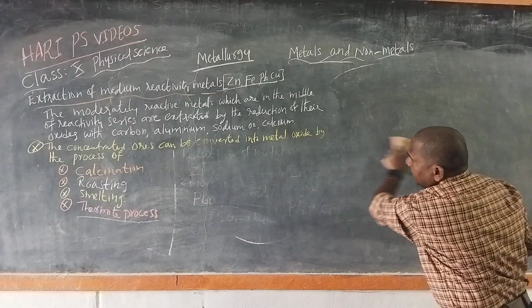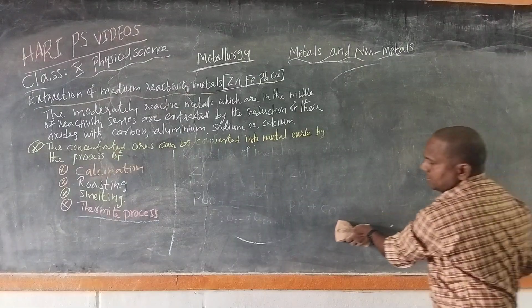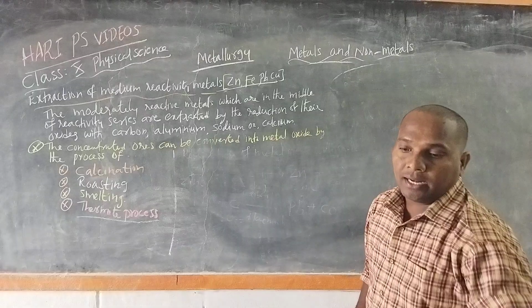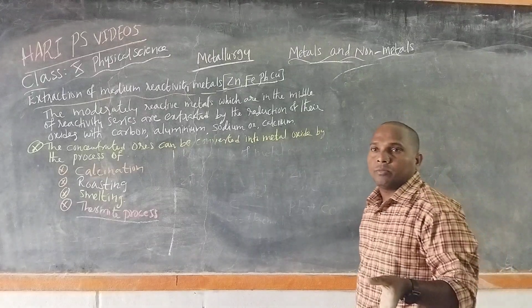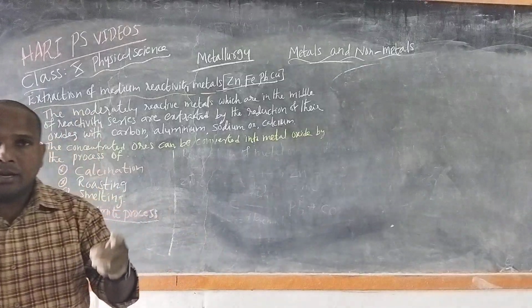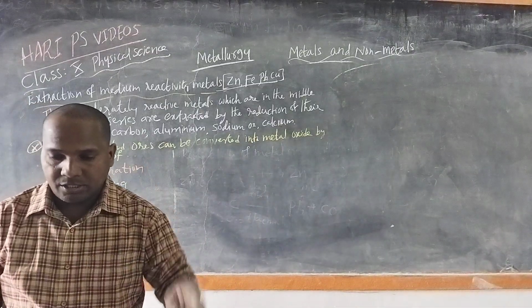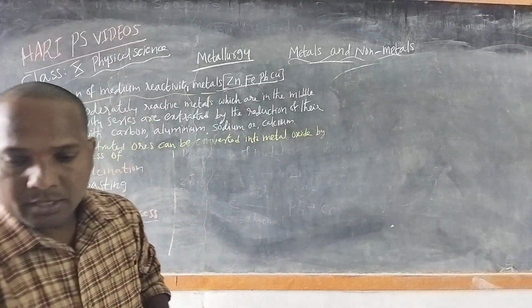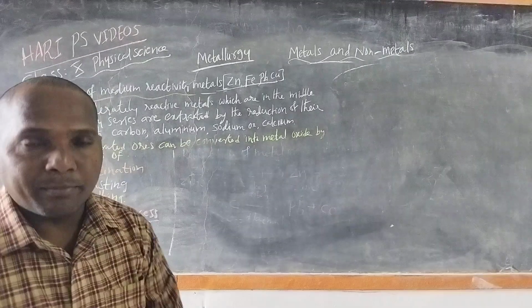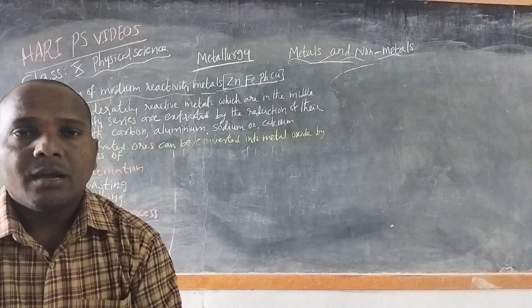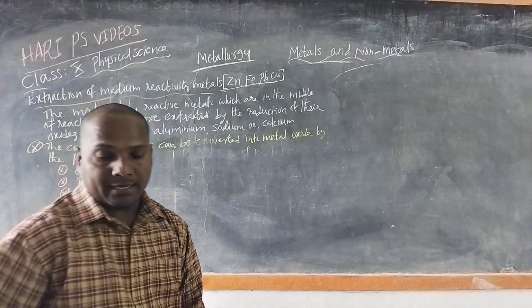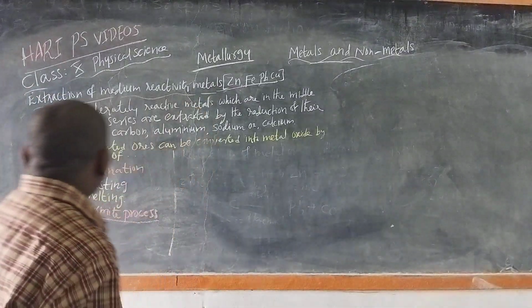So, metal oxides are reduced by carbon, aluminum, sodium and calcium. Then understand what is meant by calcination, roasting and smelting.